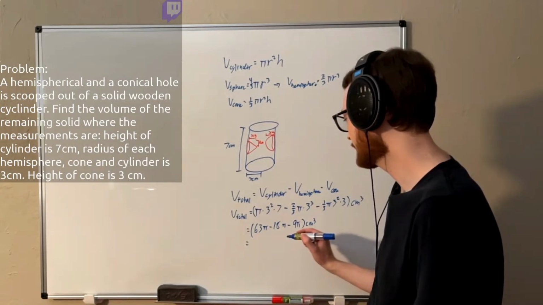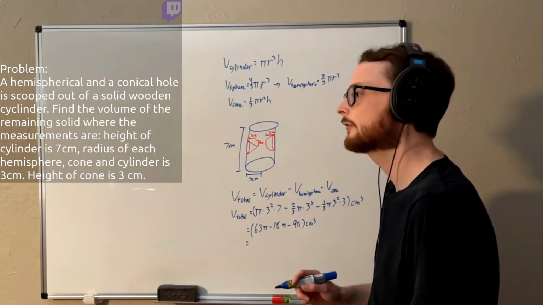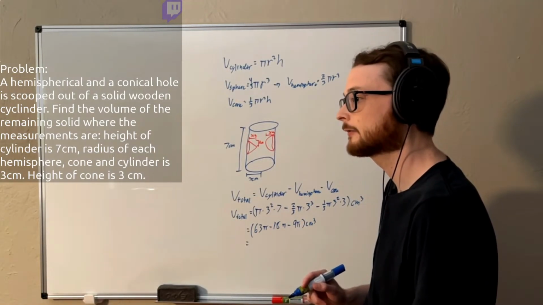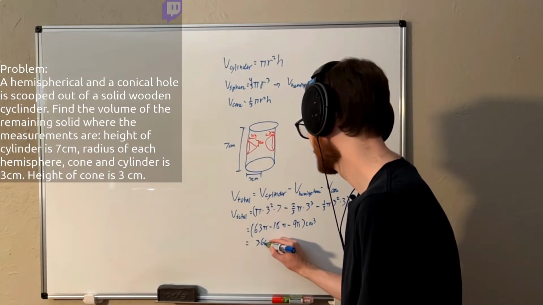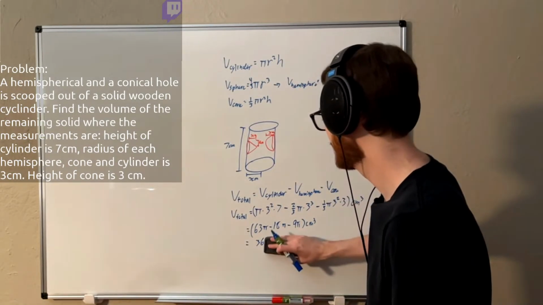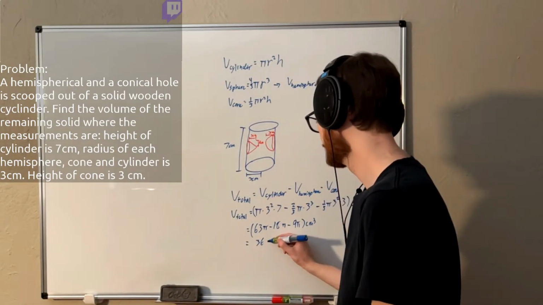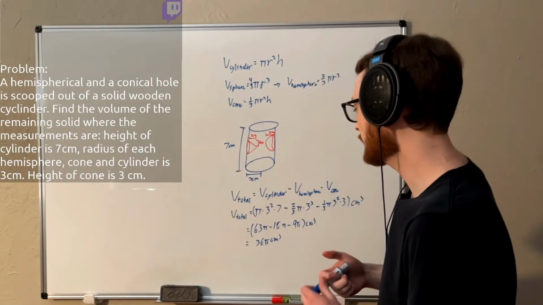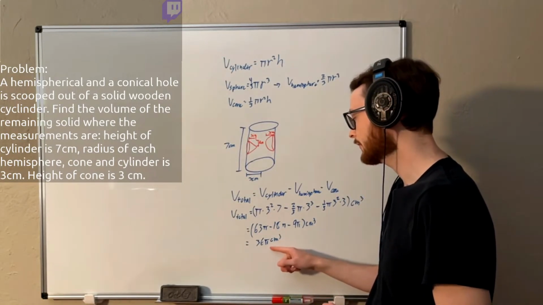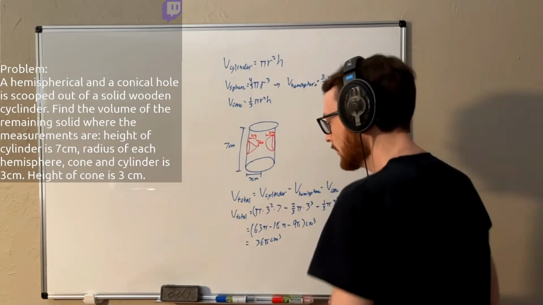Now subtract the coefficients. 63 minus 18 is 45. 45 minus 9 is 36. Oops, pi. So if they want an exact answer, then it's 36 pi cubic centimeters.